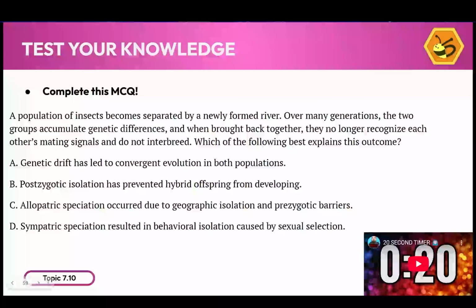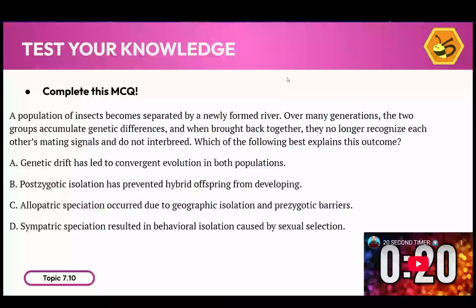All right, so I think that's everything, and I will go over why. The two main answers here that could be confusing: A and B were throwaways, but C and D were the distractors. The answer is actually C, but here's why D is wrong. The answer is C because allopatric speciation occurs when a population is geographically separated, and in this case that was the river.